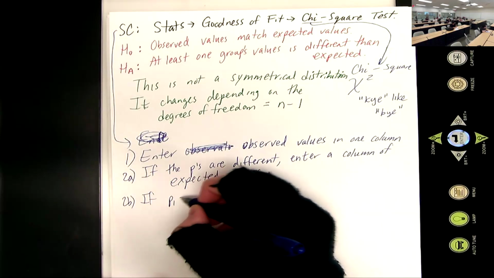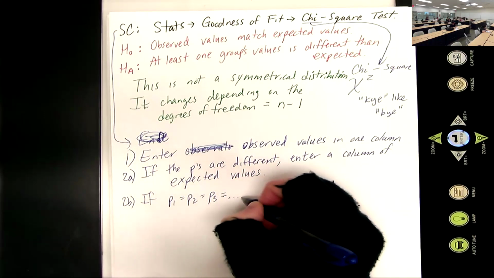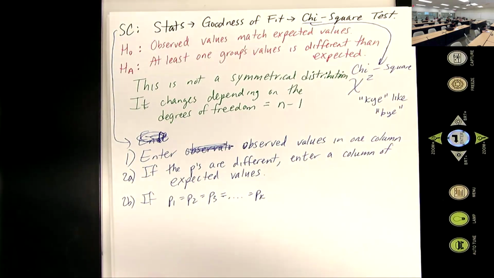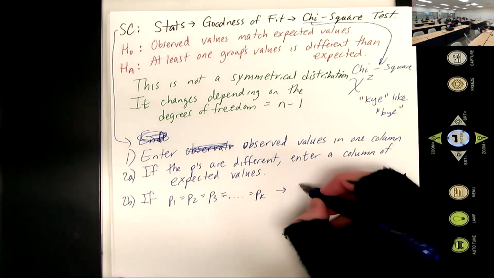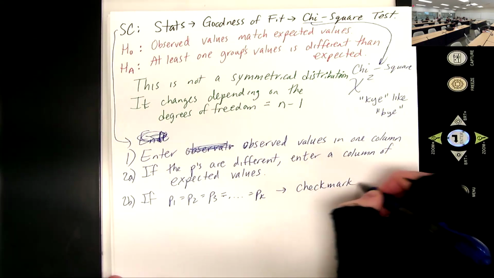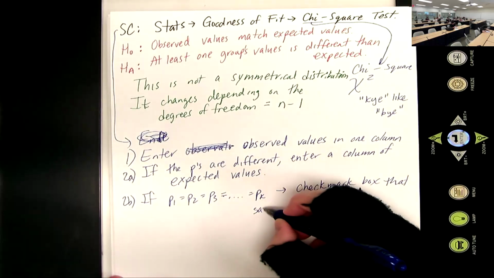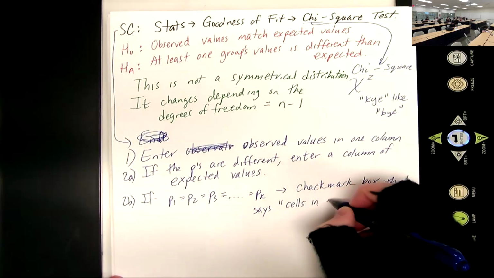If P1 equals P2 equals P3 up to, let's say, PK, all the proportions are equal, then we don't need to enter a column. What we're gonna do is check mark the box that says cells in equal proportion.